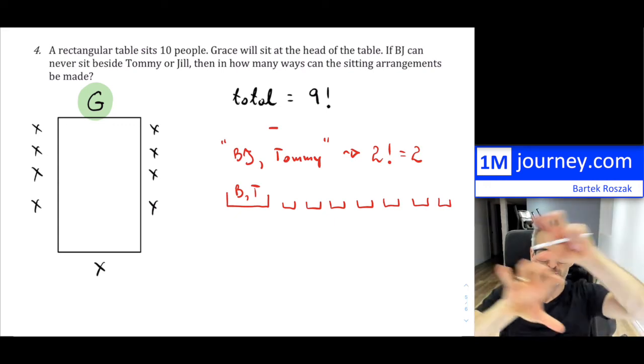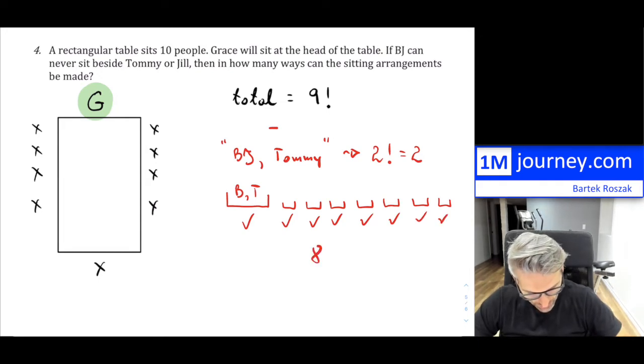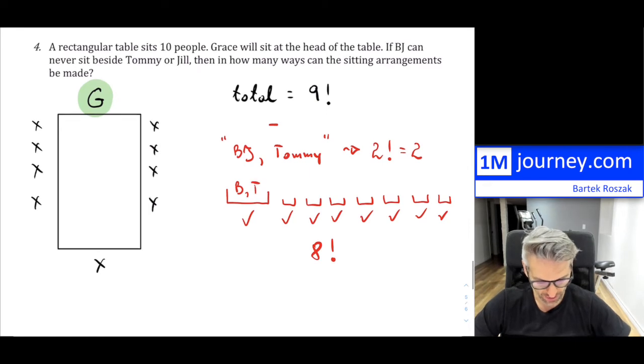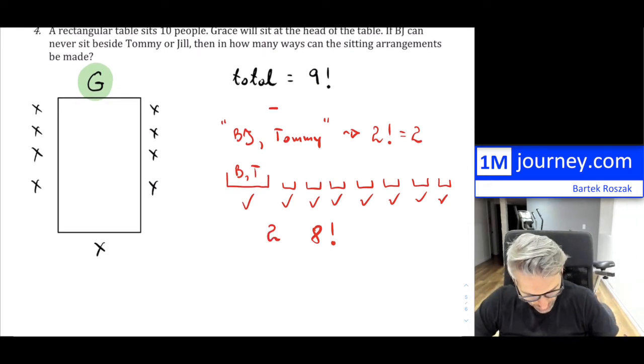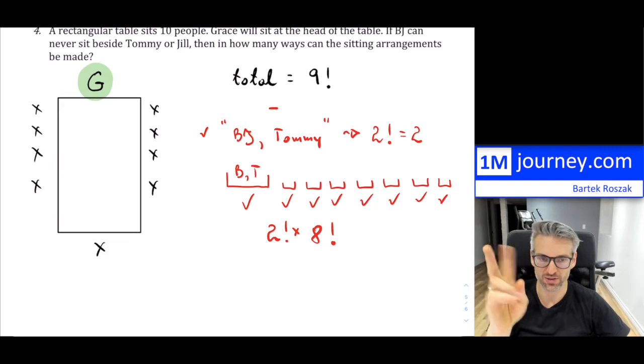Now I can swap them where BT is just 1 unit, so that means this is going to be 8 factorial. So I can rearrange these in 8 factorial ways when B and T are together, multiplied by 2 factorial, because I can rearrange BJ and Tommy, either BJ Tommy or Tommy BJ.